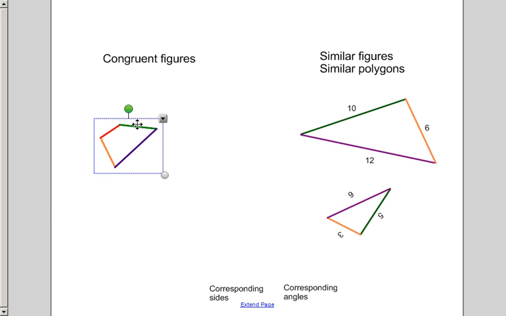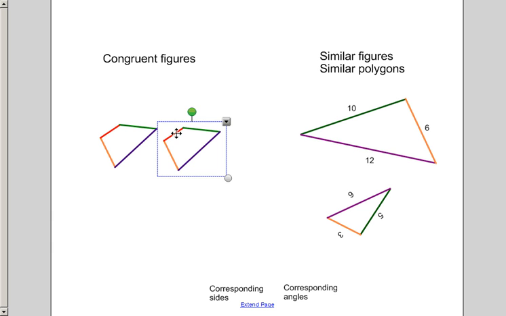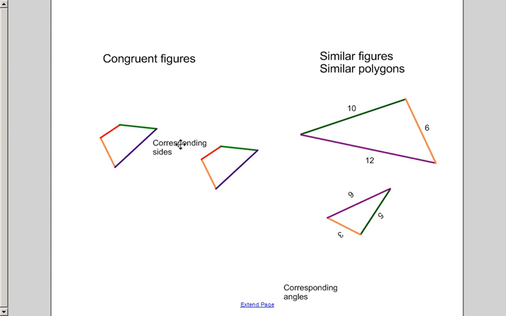And here we can see, yes, they overlap, and I highlighted red and red because those are corresponding sides right there. Green and green are corresponding sides, purple and purple, and so on. So those are congruent figures.